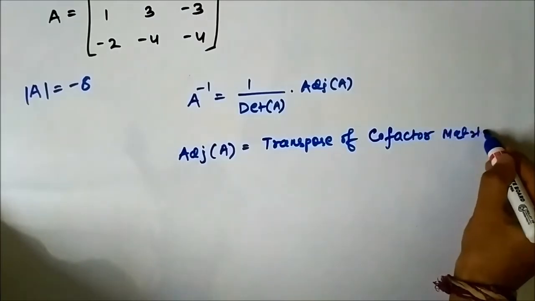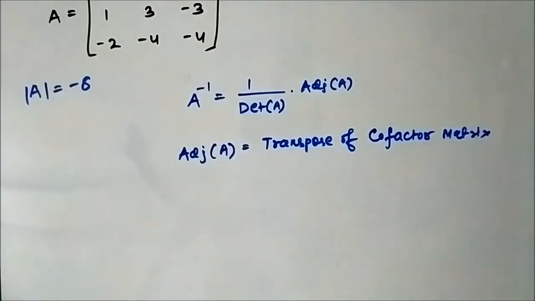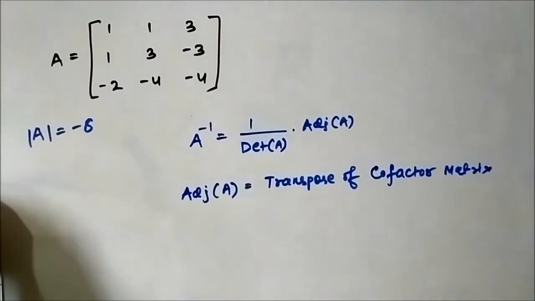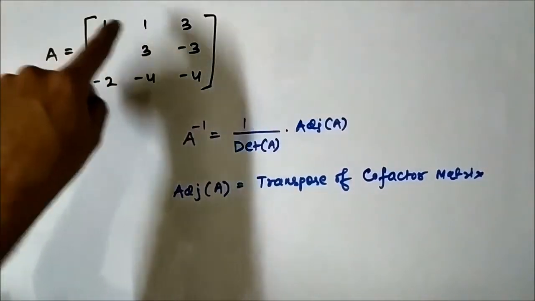That is, the cofactor matrix is the matrix consisting of the cofactors of the respective elements of this matrix.